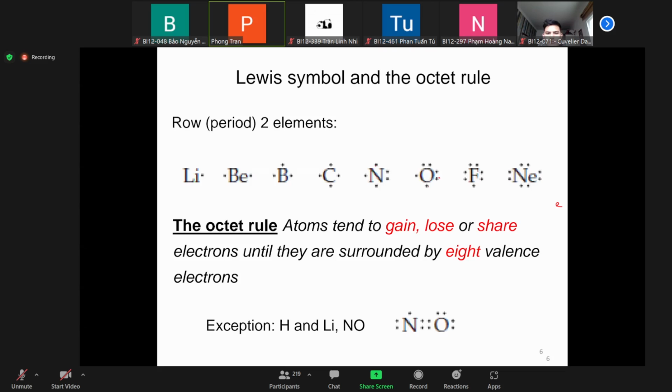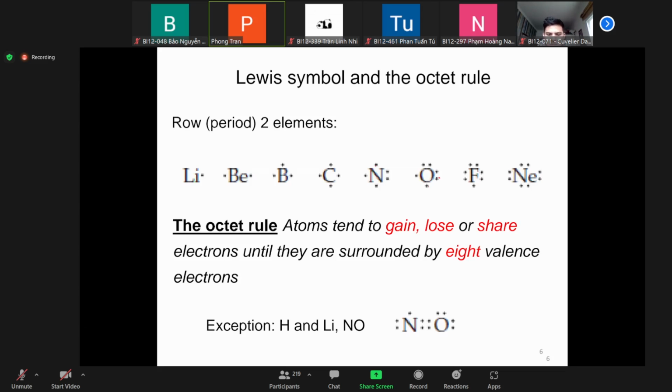So you remember when you learned in high school, you have a compound octane. Octane is a compound with 8 carbons. So the octet rule consists of 8 electrons. So atoms tend to gain or lose or share electrons until they are surrounded by 8 valence electrons.